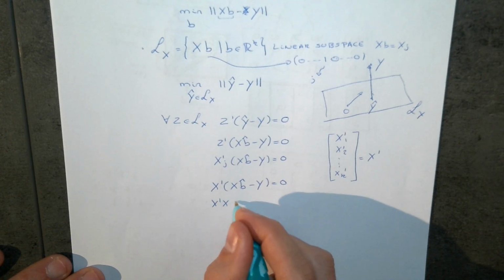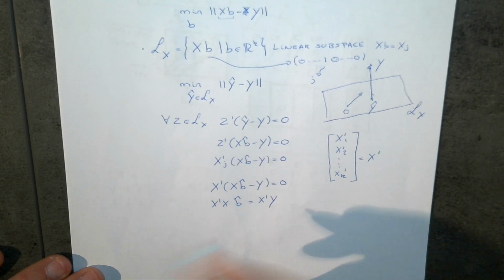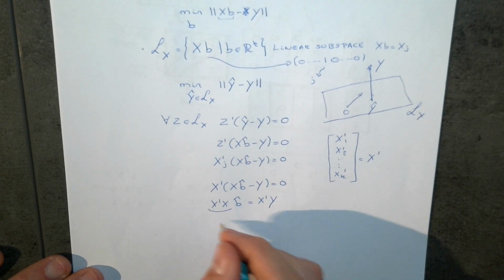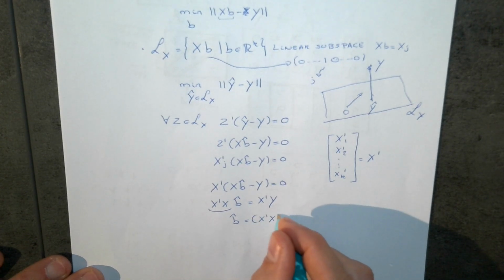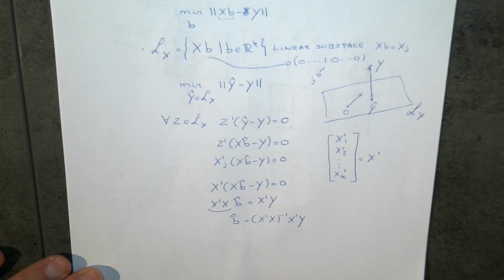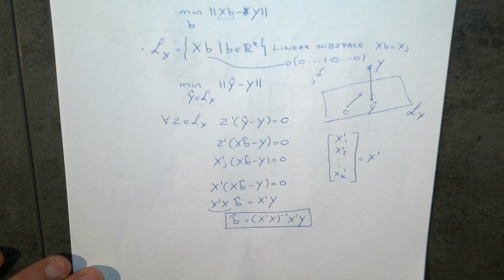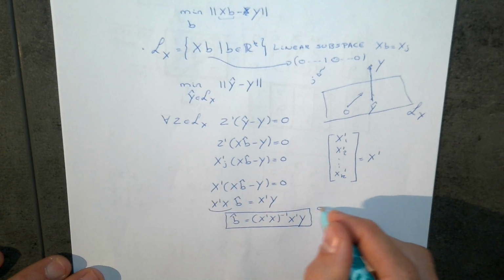So x prime x times b hat is equal to x prime y. This is all equivalent. And if x prime x is of rank k, then we can invert this. So we have that b hat is equal to (x prime x) to the minus 1 times x prime y. Okay, and this is the well-known OLS, ordinary least squares, estimator of the regression of y on x.